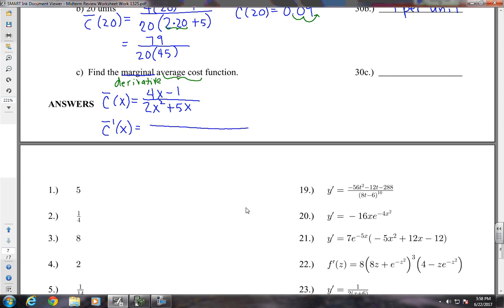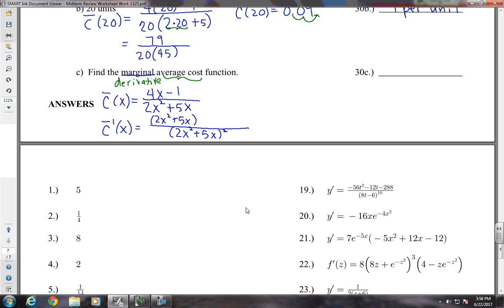So, as we've been doing throughout this whole review, let's begin our quotient rule by squaring the denominator. That reminds us to lead with that term in the numerator. And we follow the pattern same times derivative minus derivative same.